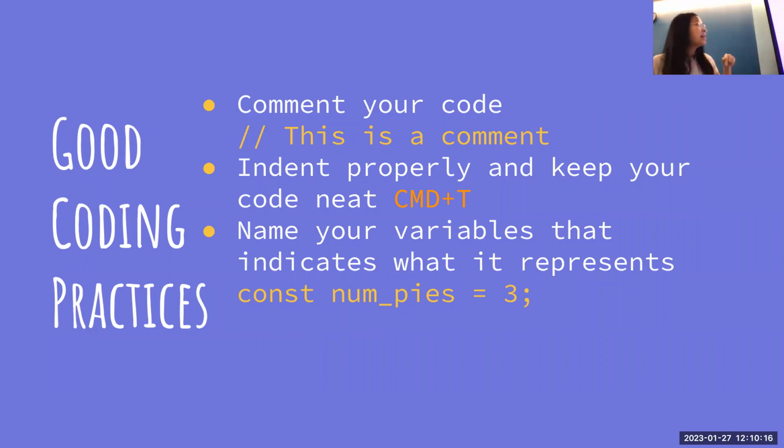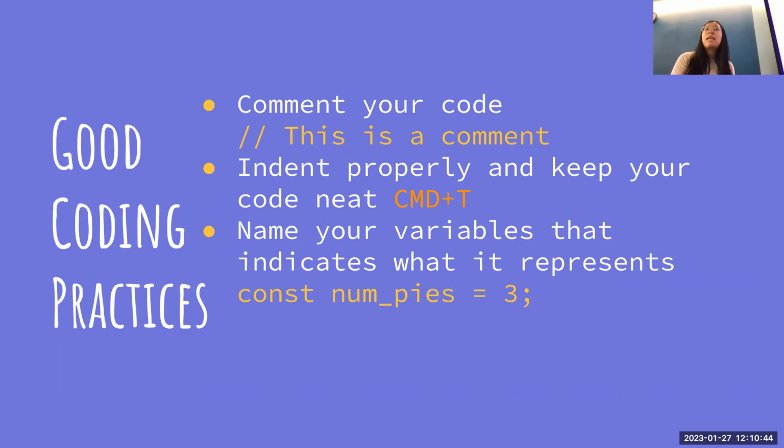You're going to notice that I'm going to be using these backslashes, and that's how we're going to denote a comment in our code. Indentation is important, so you're going to want to keep your code neat. We're going to be using a web editor, so I'm unsure if this key command is going to work, but maybe it will. And then the next thing that's really important is naming your variables in a way that indicates what it represents.